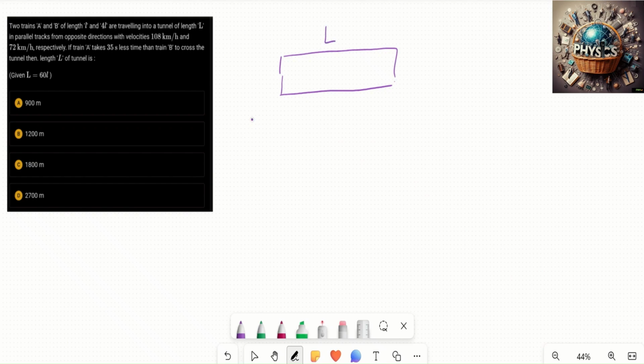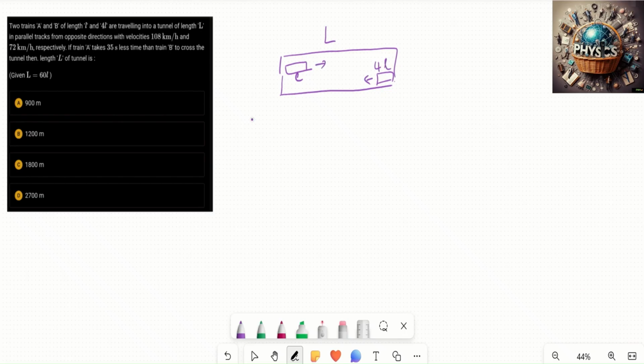So let us consider this being a tunnel. The length of the tunnel is capital L here, right? And train A is of length l, and train B is moving in this direction, which is of length 4l, like this.